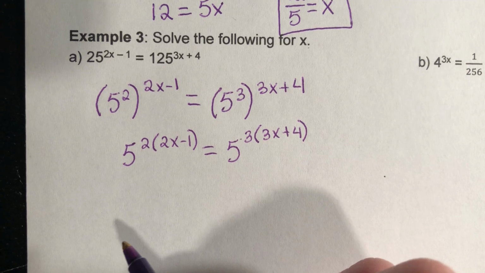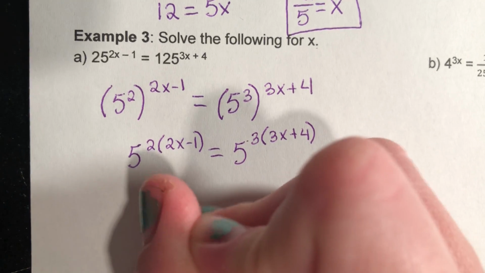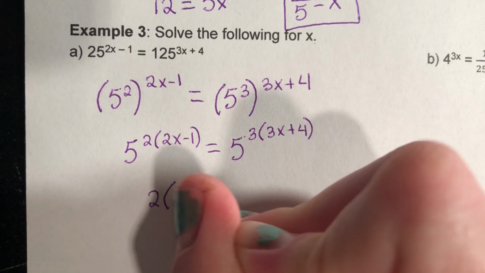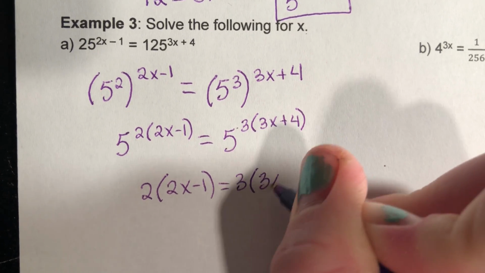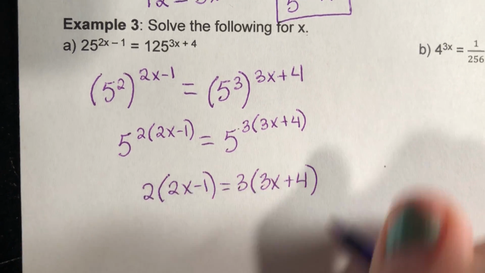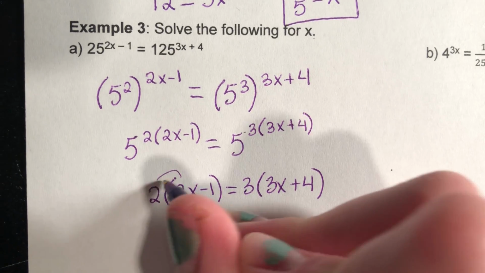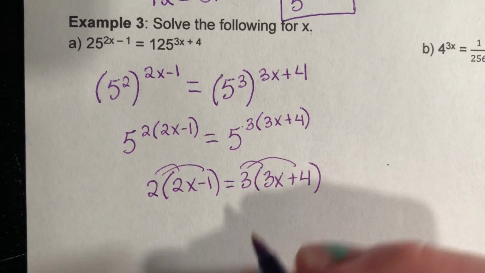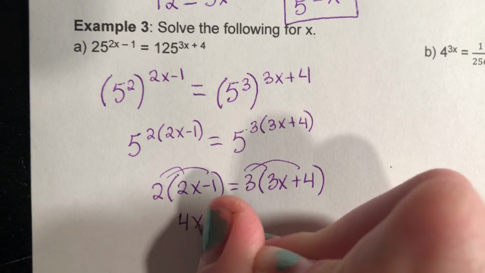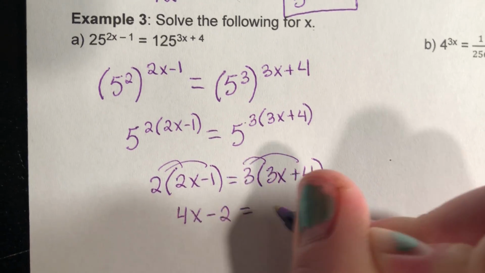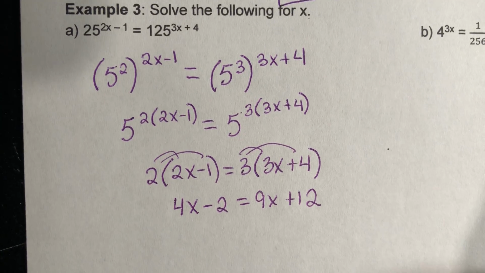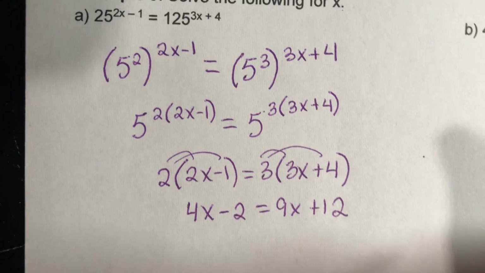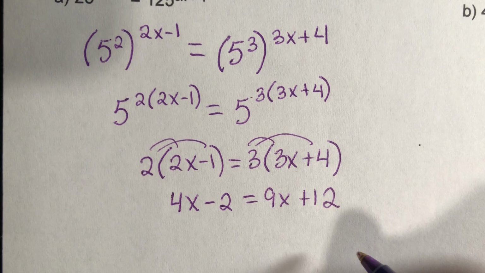Now that our bases are the same, we can set the exponents equal to each other. 2(2x minus 1) equals 3(3x plus 4). All right, distributive property on both sides right here. So we have 4x minus 2 equals 9x plus 12. We're going to be adding 2 to both sides.